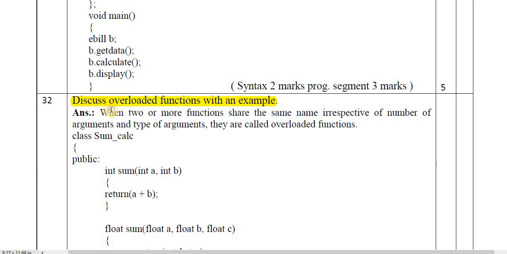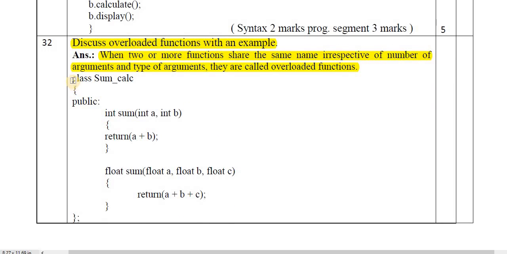This is very easy. When two or more functions share the same name irrespective of the number or type of arguments, they are called overloaded functions. So you have to give an example by taking two functions having the same name.